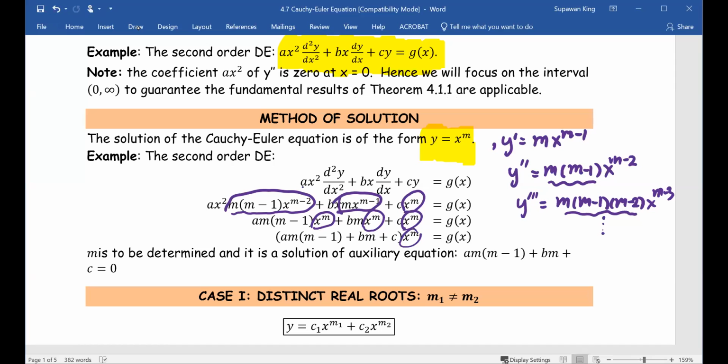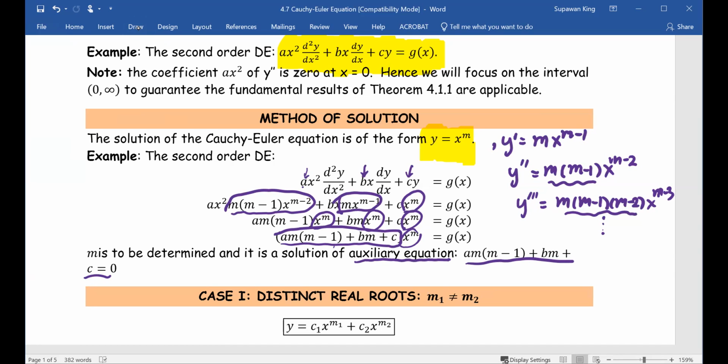Factor that out, and you get the equation a times m times m minus 1, plus b, the coefficient of the first order, times m, plus c, the coefficient of the zero order, equals 0. This equation is called the auxiliary equation for the Cauchy Euler equation.